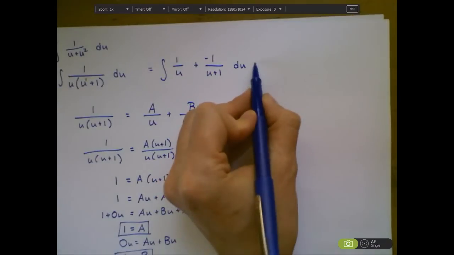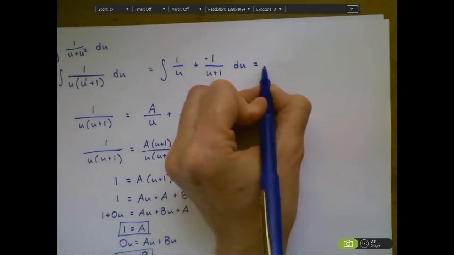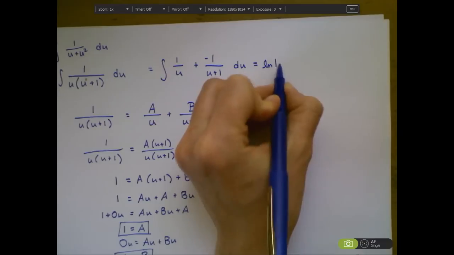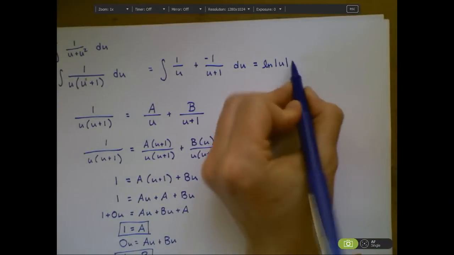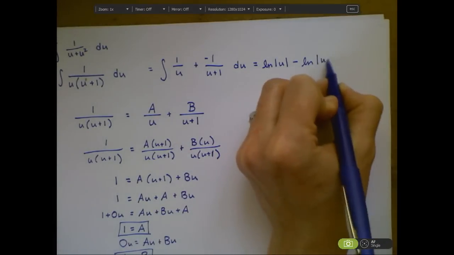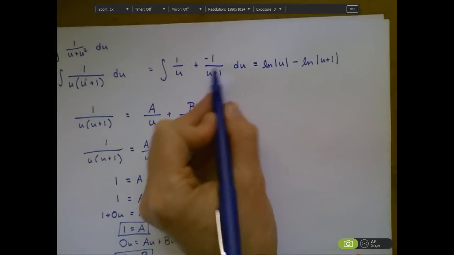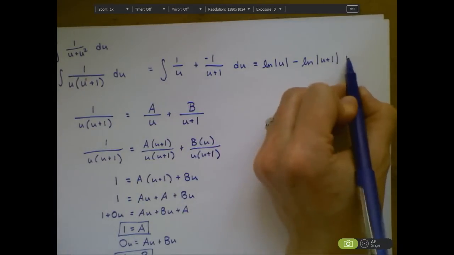And these are easy pieces to integrate. The integral of 1 over u is natural log of the absolute value of u, right, because it's a u and not an x, subtracting the natural log of the absolute value of u plus 1. In my head, this is actually a really basic w substitution, plus c.